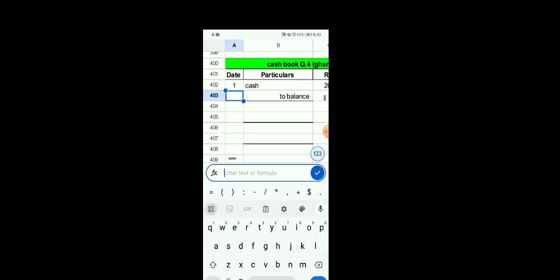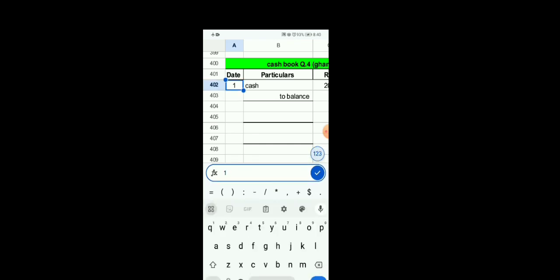There are two different transactions on the first date, so you can mention the date over here by yourself. It is not given in the book, just to distinguish the two parts.